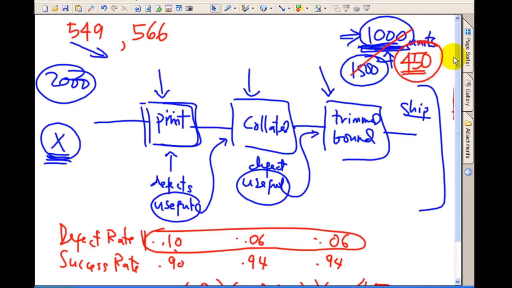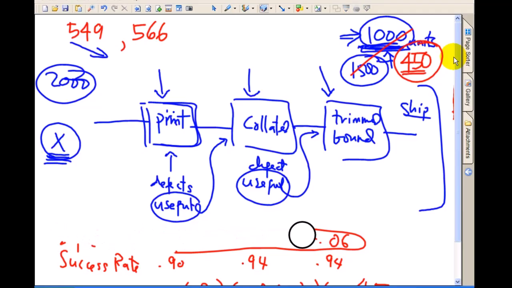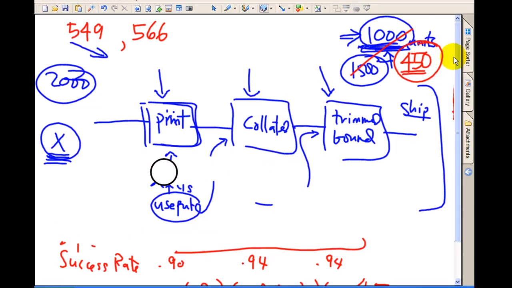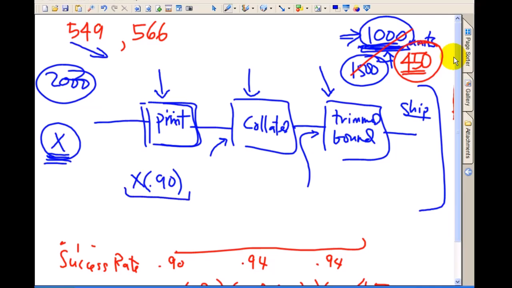So if you say x times 0.9, this becomes the number of successes after the first stage, which goes into the second.